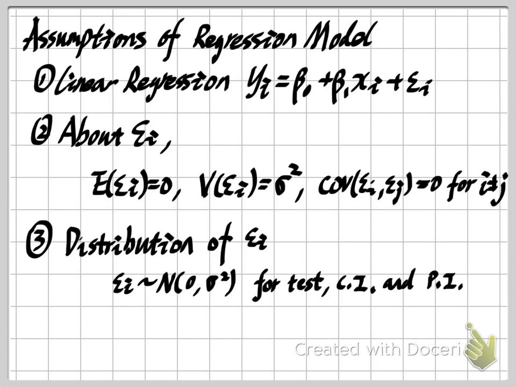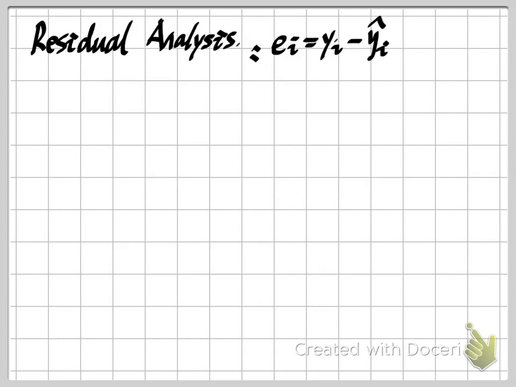The next thing is that we generally have more assumptions about our residual. In our previous videos, when we talked about ANOVA, we also talked about residual analysis, but here I want to write a little more about it. The difference between the residual and our error term is that now we already have estimators of our beta 0 and beta 1.